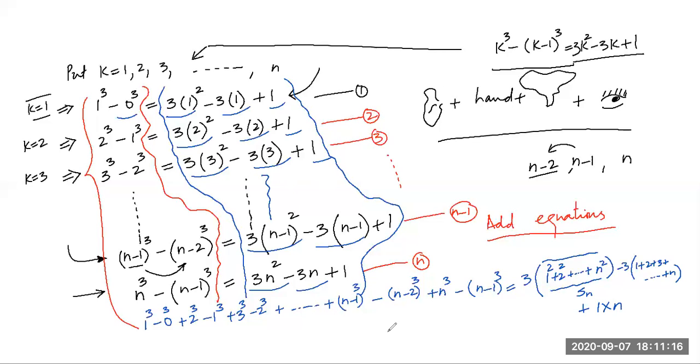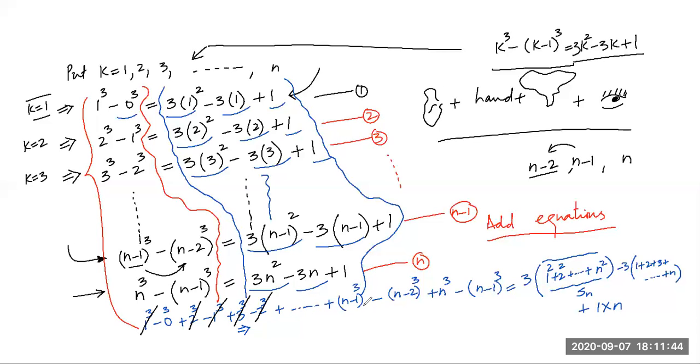Okay. So once we know this, students, you see, what is the next step? So many things are getting cancelled. 1 cube is getting cancelled with minus 1 cube. Then 2 cube is getting cancelled with minus 2 cube. Obviously, 3 cube will also get cancelled with minus 3 cube.